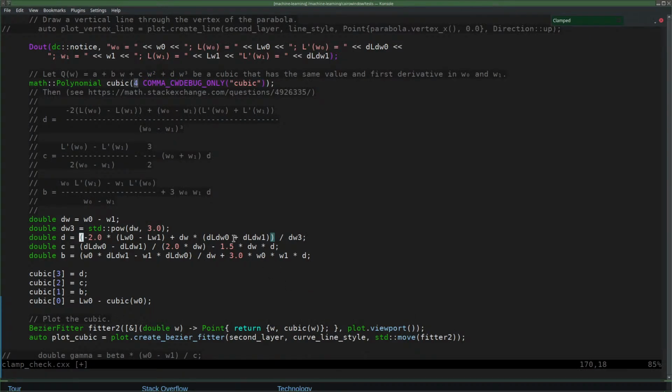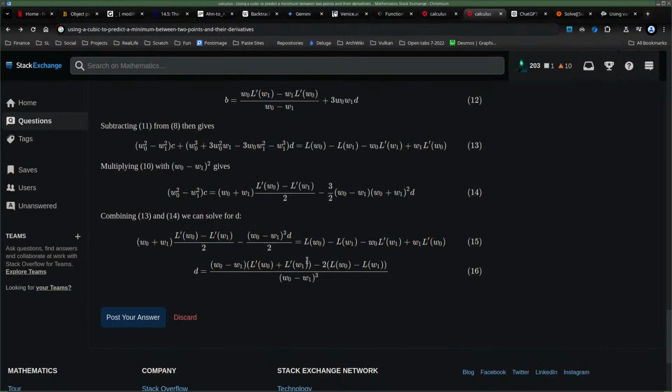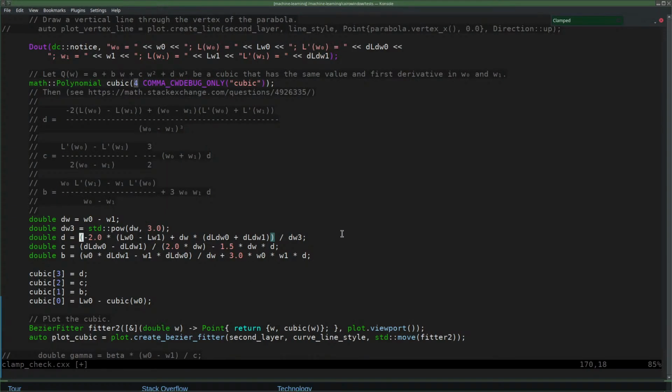Divided by third power of that, so that's the same formula.